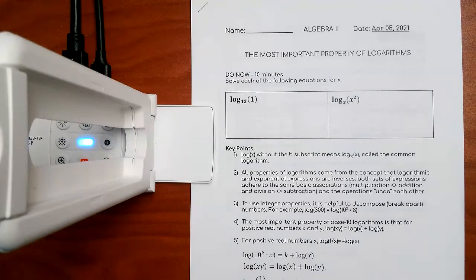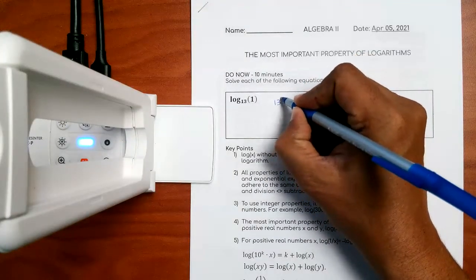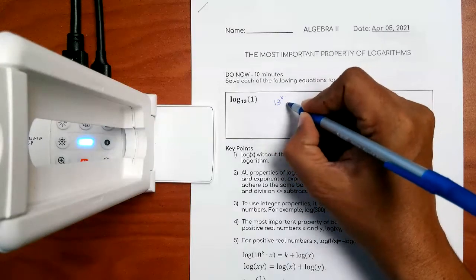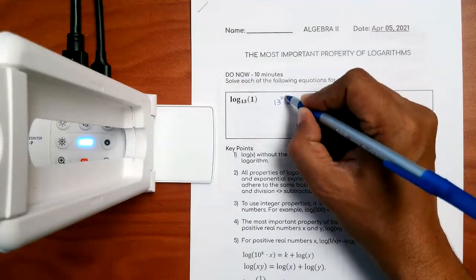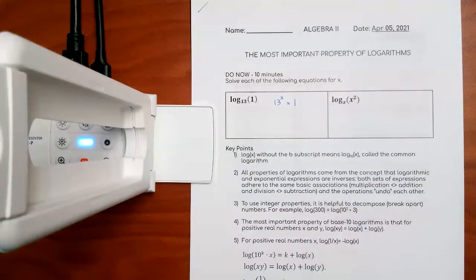In parentheses we have 1, so we can call it as what power of 13 will give you 1. So you will change it to the exponent form, so you will have 13 as the base. We don't know the power, so we'll write x for that, and that is equal to 1. Now if you remember, any base, if it has an exponent of 0, that gives you a 1.